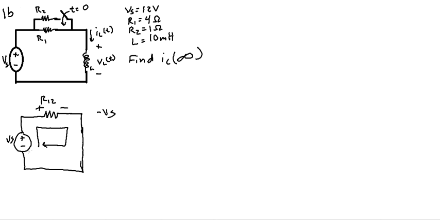Negative Vs, we're going negative to positive, so it's a negative because it's going contrary to passive reference. Plus R12, excuse me, not R12. Let's call this V12 equals 0. V12 equals Vs.